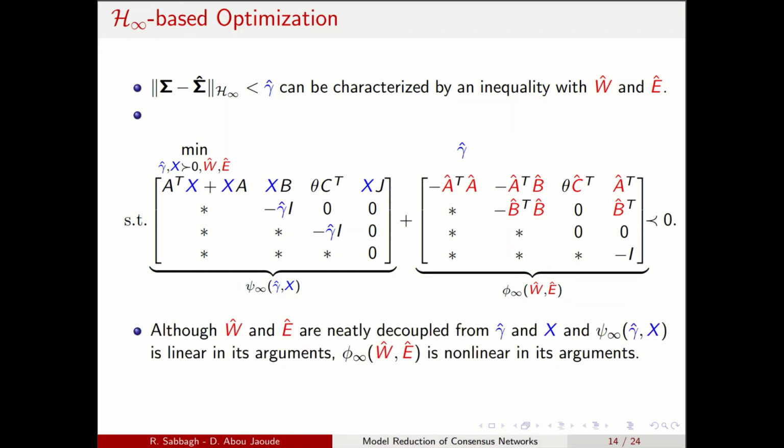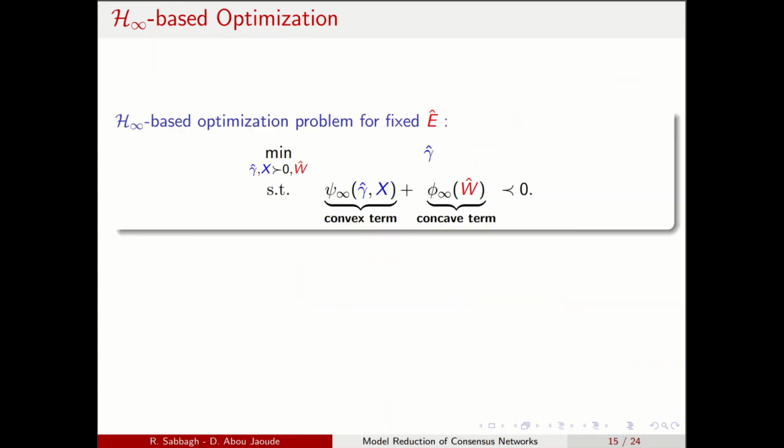Although in this characterization the variables W hat and E hat are decoupled from the remaining variables, and psi infinity is linear in its arguments, phi infinity is highly nonlinear in its arguments. And so to handle this nonlinearity, we will alternate between optimizing the weights for fixed nodal timescales and vice versa. So not simultaneously optimized.